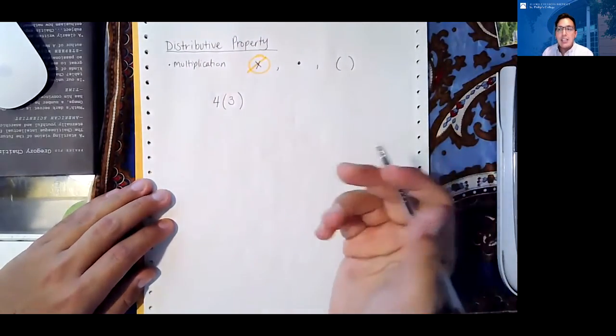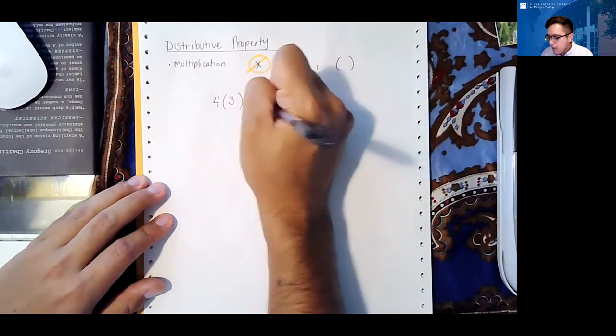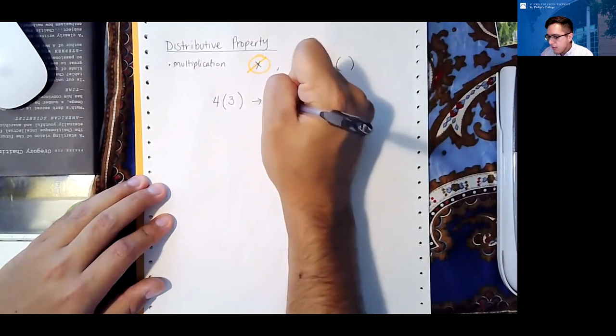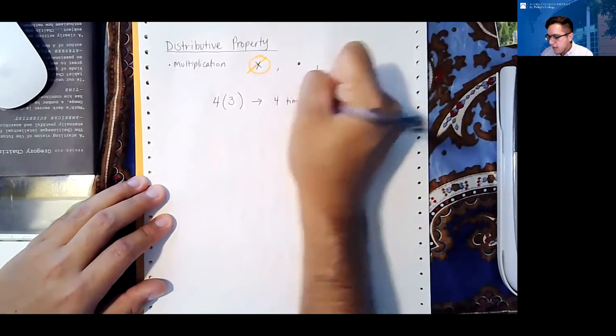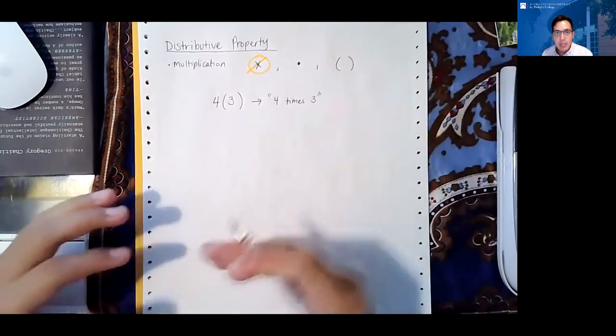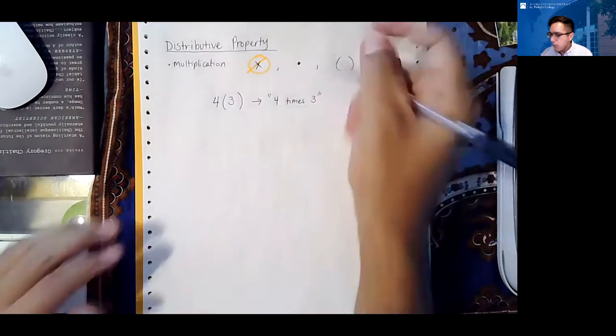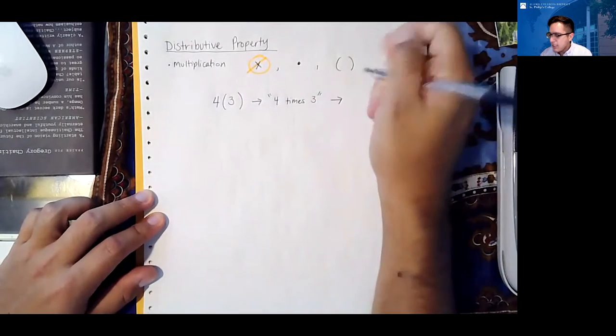And in your head, you have to interpret that as 4 times 3. Parentheses will be one of our preferred forms of writing multiplication. And then we can work that out in our heads and get 12.